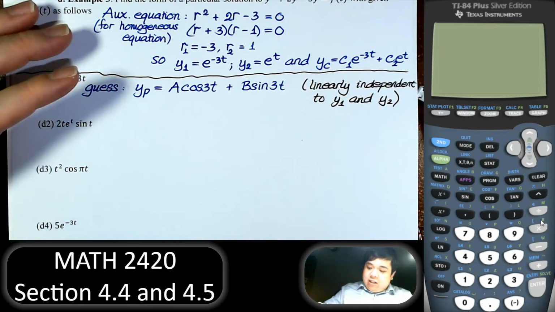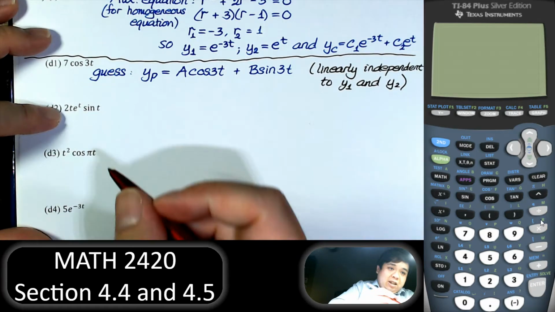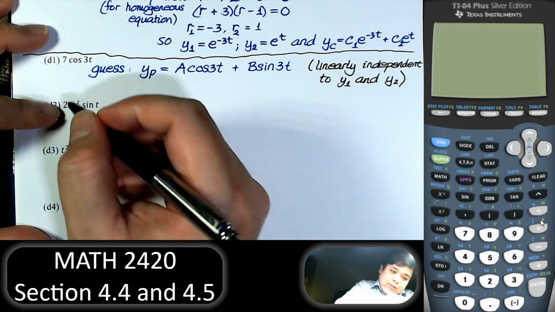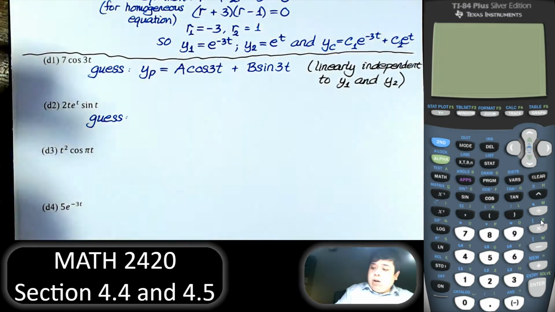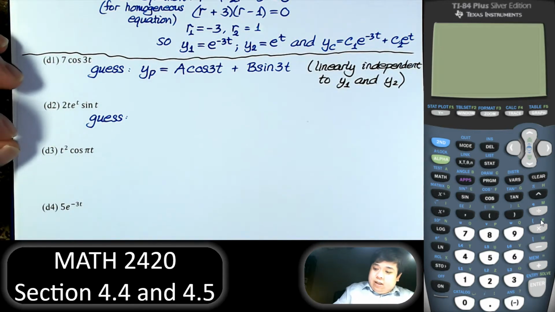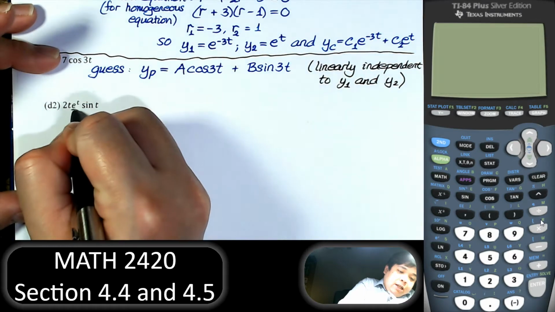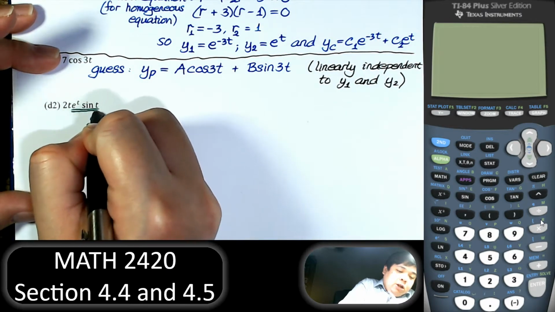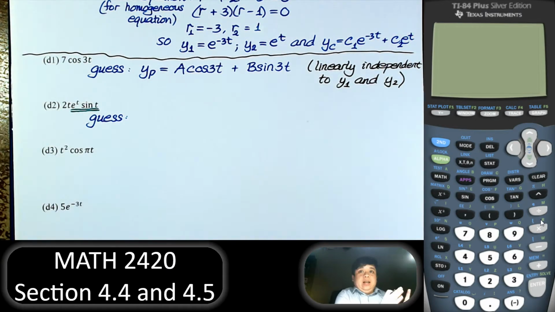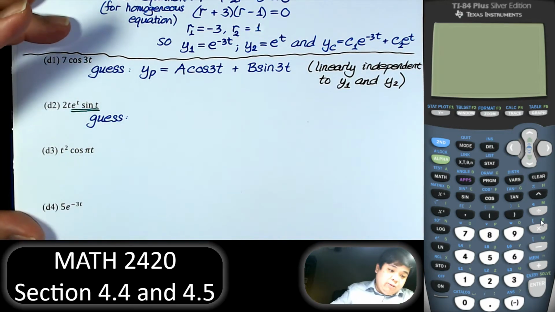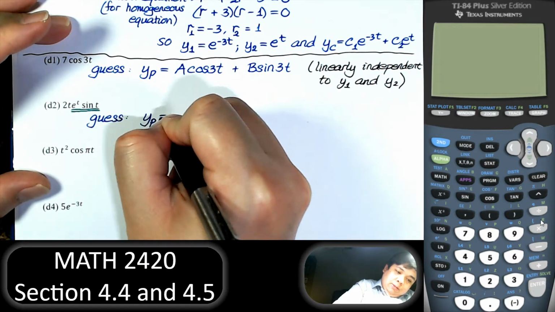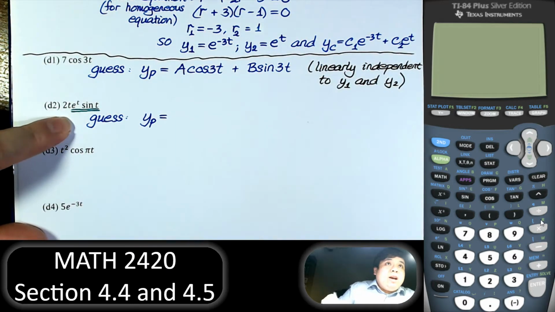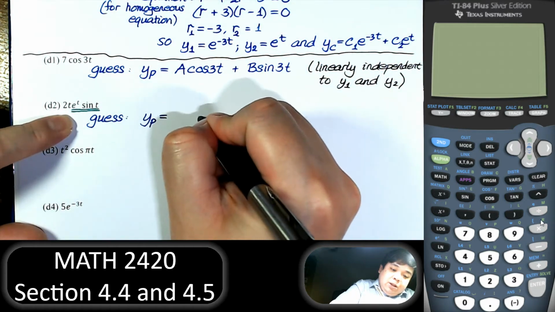Next, another guess. If the right hand side is this, so this has two components. The first component is e to the t sine t. So every time we have that, we're going to have sine and cosine and e to the t. So the guess must have those terms. When we have that, it's going to be e to the t.